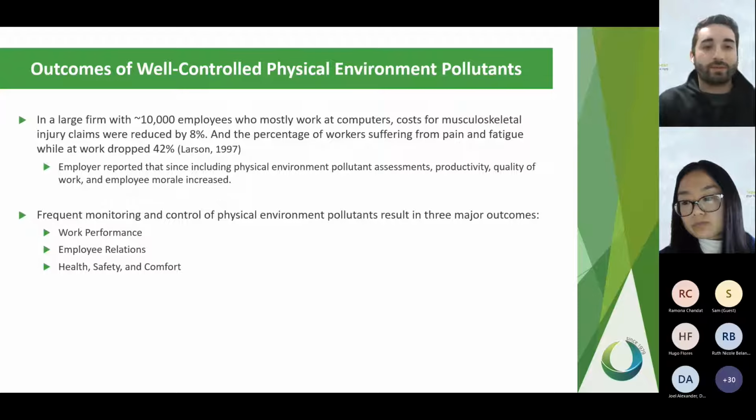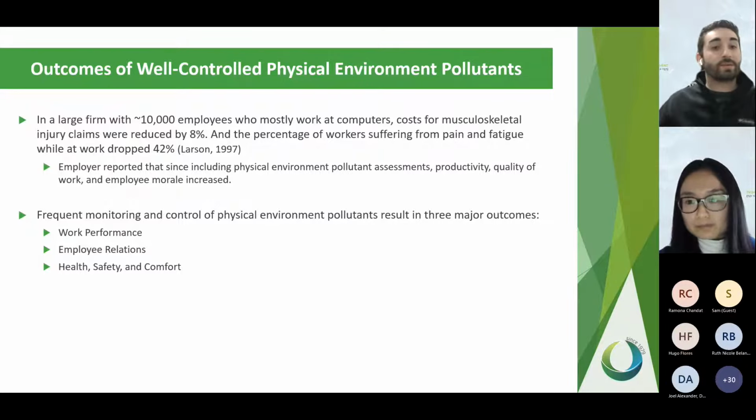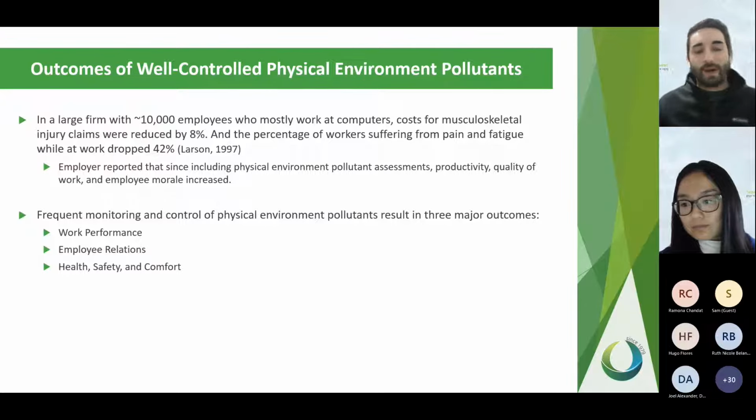So the outcomes of well-controlled physical environment pollutants. So when all is well and everything is meeting its guidelines, you'll see typically a reduction in cost for musculoskeletal injury claims. So your WSIB premiums, the amount of WSIB claims for, let's say, carpal tunnel, back pain, headaches, that sort of thing.